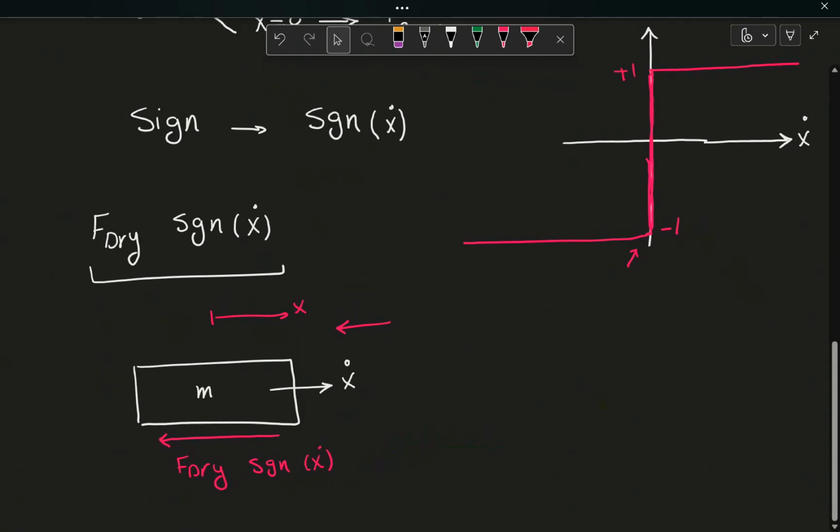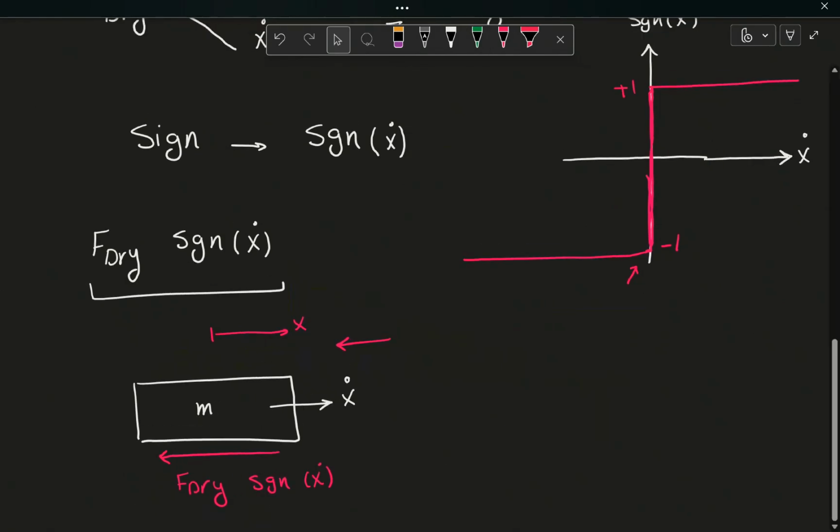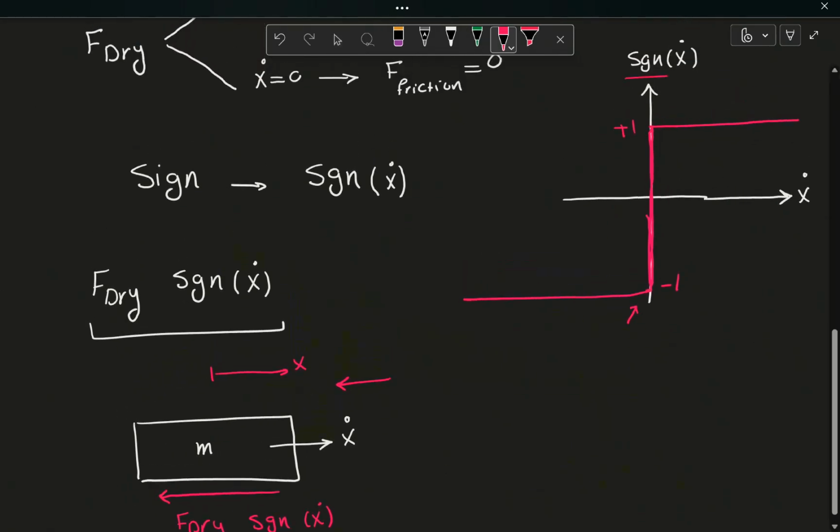Now, you might ask yourself why this model is nonlinear. Okay. The answer is very easy. Look at the output, the sign of x dot, versus the input. For this output versus the input to be linear, you should have a straight line passing through the origin, something like this.